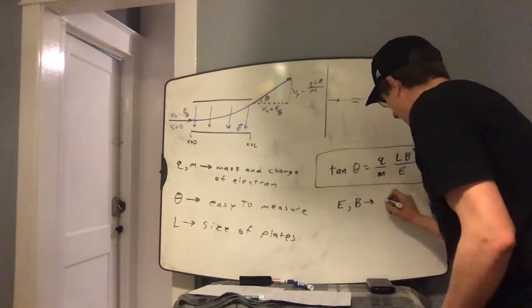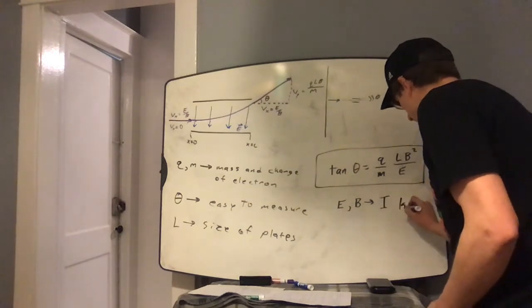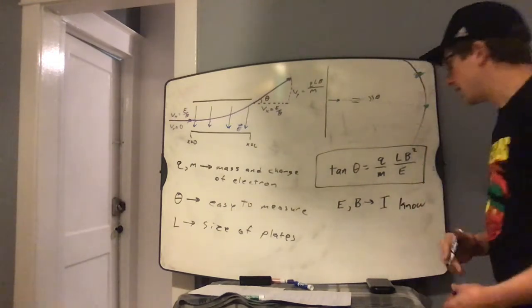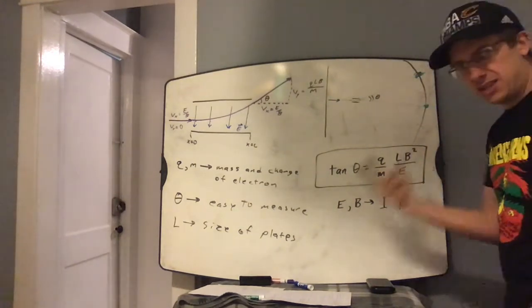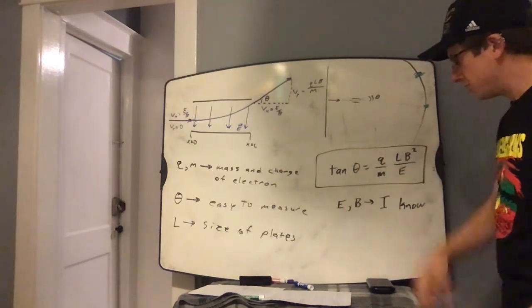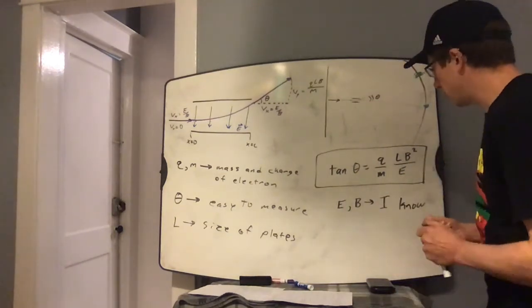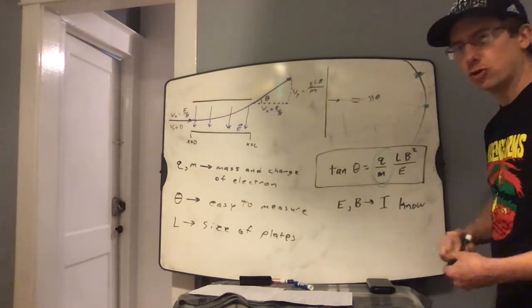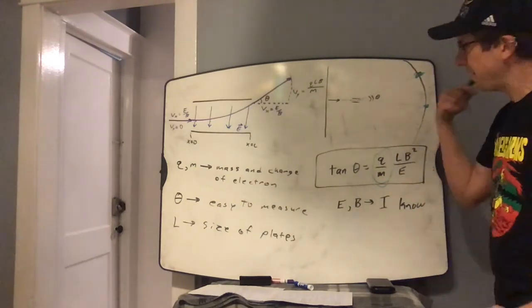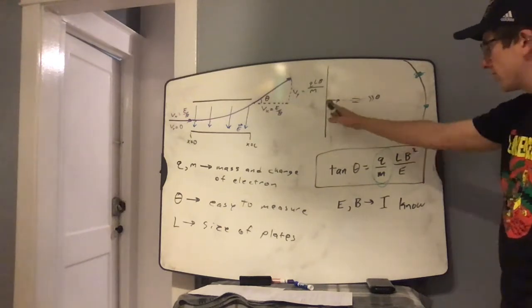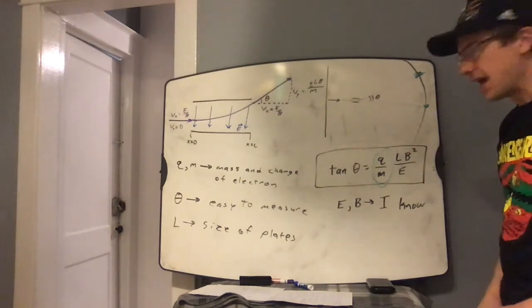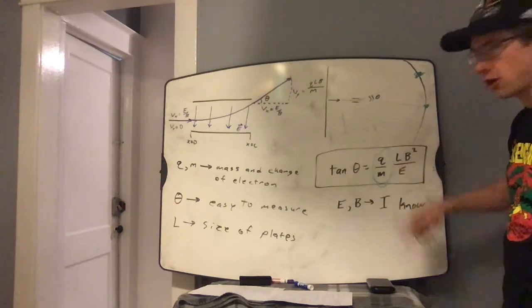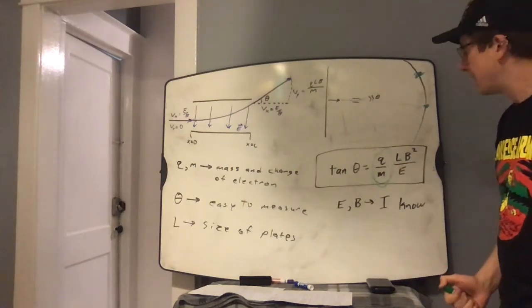So these I know. So in this problem, the only unknowns are Q and M. So Q and M are something that I am learning about the electron. So if I wanted to, I could shoot electrons through between these plates, and I could find the ratio of charge to mass for the electron.